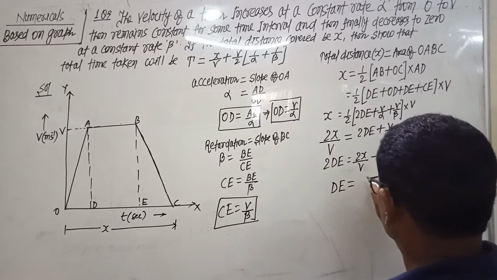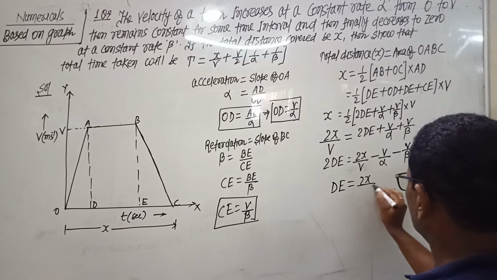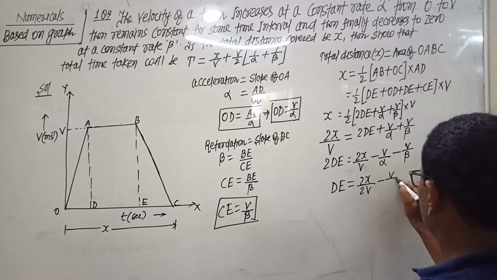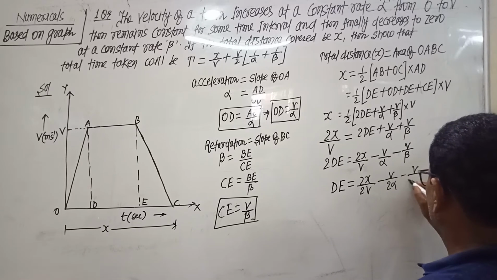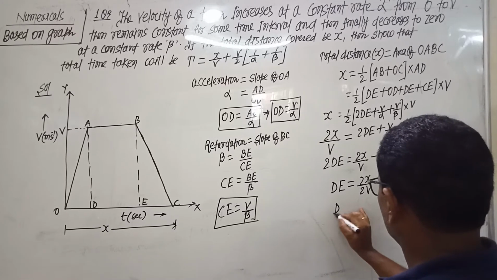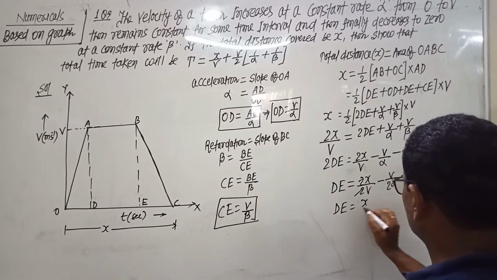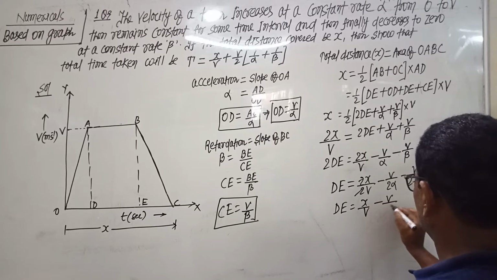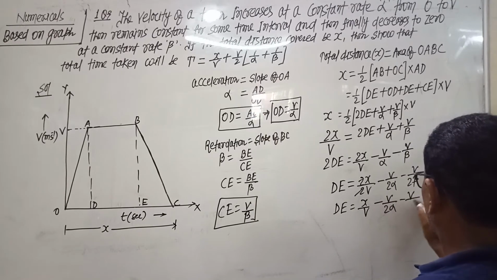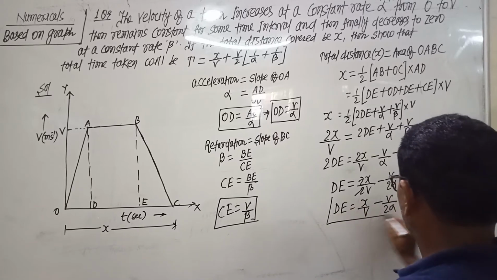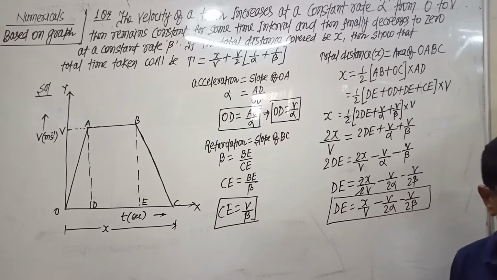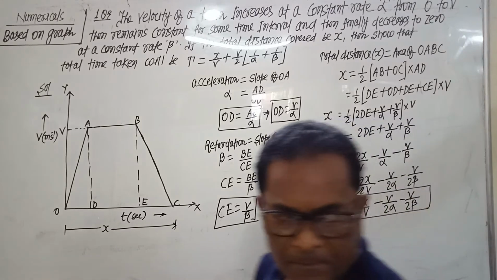So DE equals 2x by 2v minus v by 2 alpha minus v by 2 beta. The 2 and 2 get cancelled, so x by v minus v by 2 alpha minus v by 2 beta. So we calculated DE.